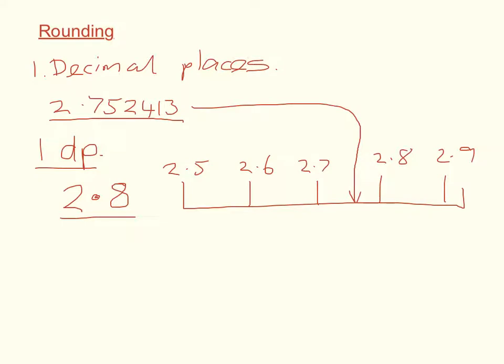And the point about this number is that it is much closer to 2.8 than it is to 2.7, which is why I've rounded to 2.8. So I hope that makes sense, and I hope that reminds you of something that you already know.